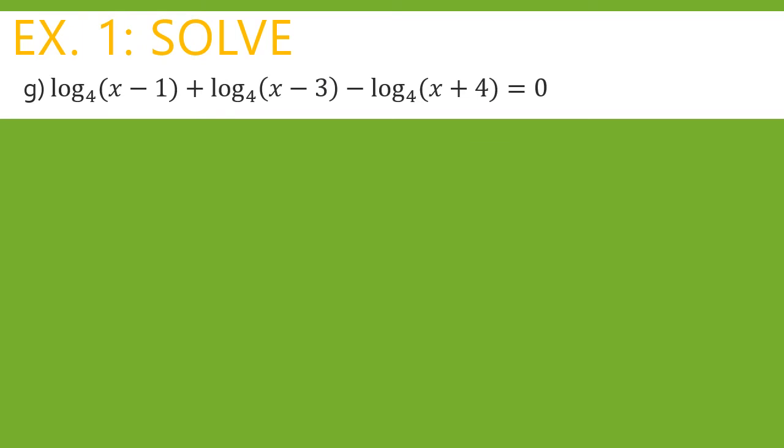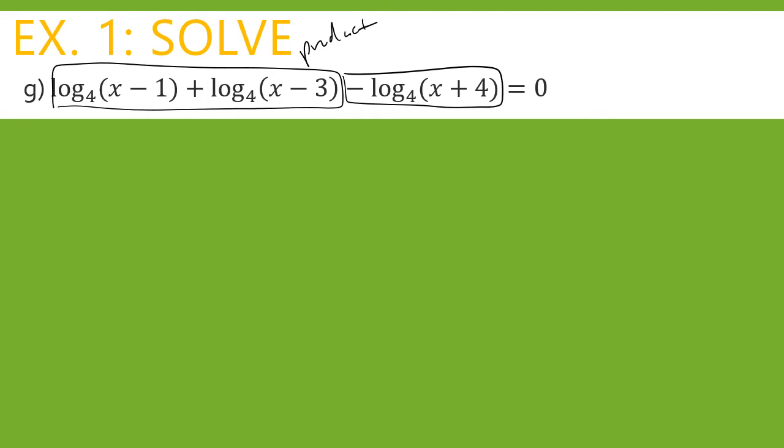G. All right. So I've got addition. I've got subtraction. They're all the same base of logarithm, which is good. So there is product law, and that little bit of minus, don't forget, is quotient law.